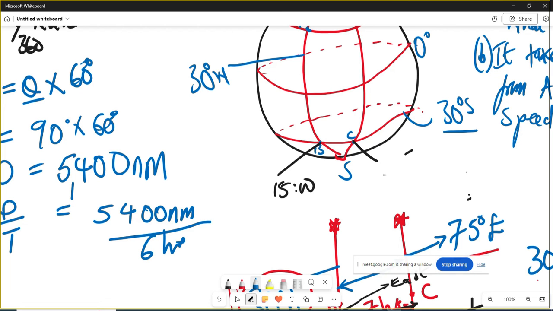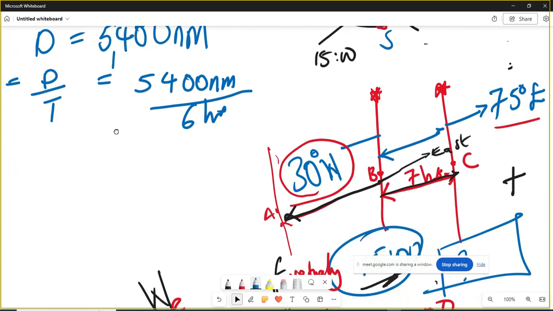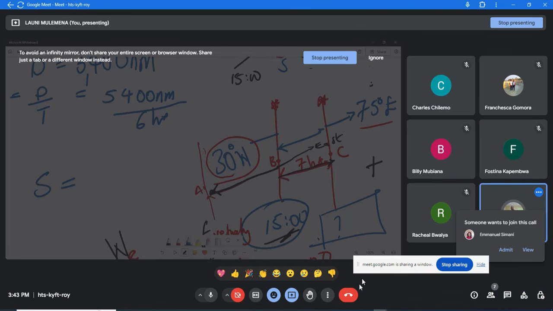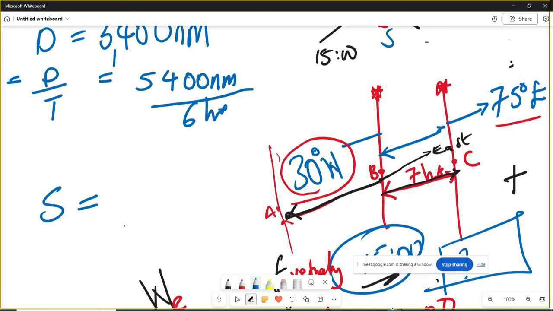Now let's divide. Speed is equal to 6 into 54. If we divide 6 into 54, you agree with me to say the answer is 9. So I'll write 9. Then 6 into zeros, the answer is zeros. So speed is equal to 900 nautical miles per hour.